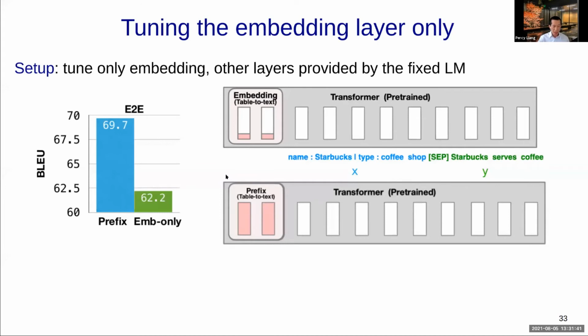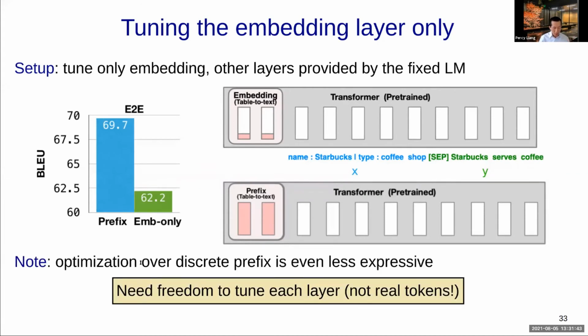And optimization over a discrete prefix is even less expressive, because with embeddings you're basically making up words, since you get to assign whatever word vector you want for these placeholder tokens. Whereas in prefix tuning, they're not even words at all. They're just full-fledged parameters. The point is that, at least for these tasks, we show that you need the freedom to tune each layer, not just the token layer.